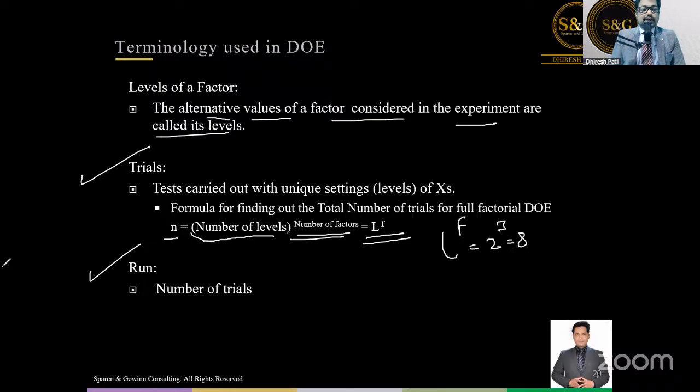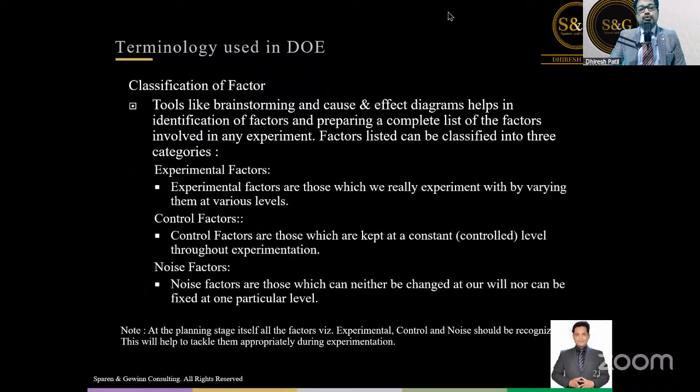Alright. Any question, please let me know, okay? When it comes to the factors, there are various types of factors. First, it's called experimental factors. These are the factors which you will change. Let's say out of 10 factors, you will not change all 10 factors, okay?